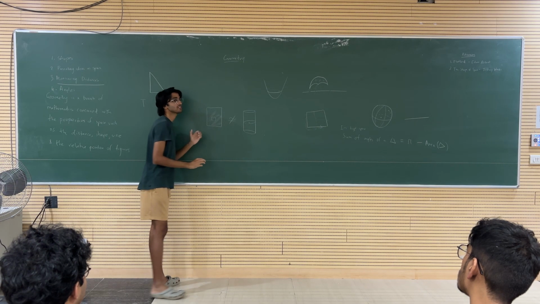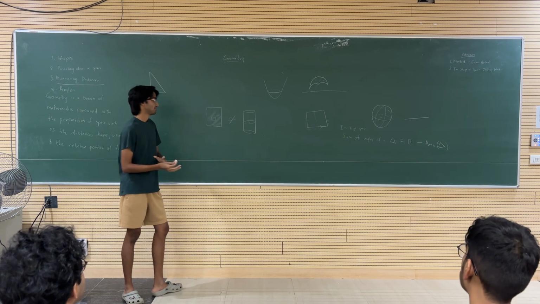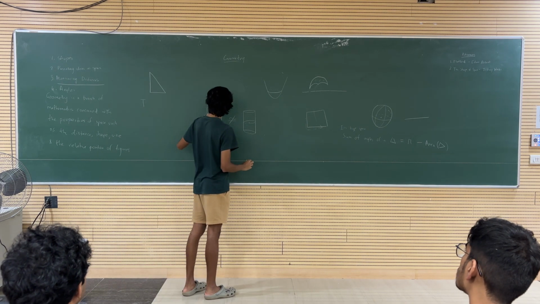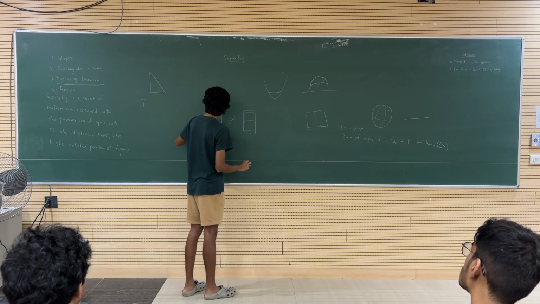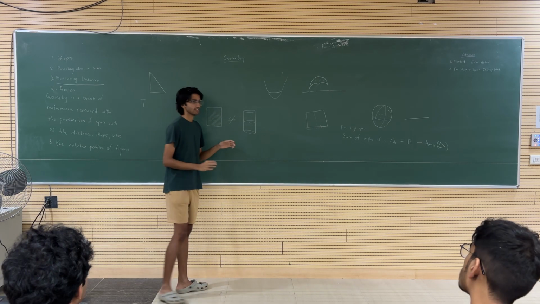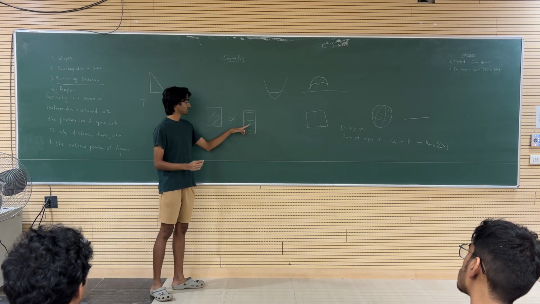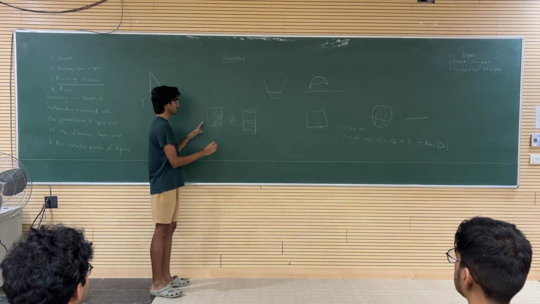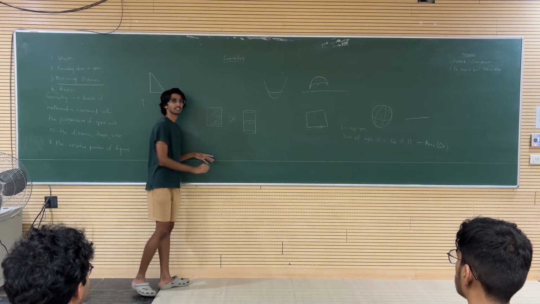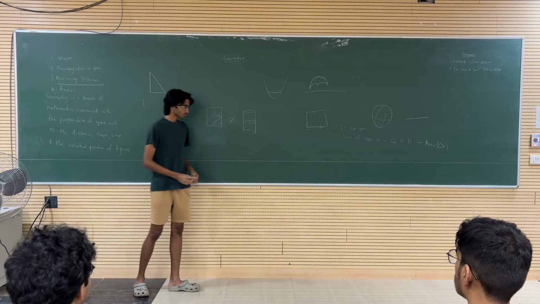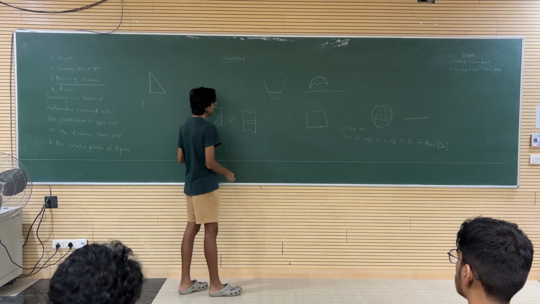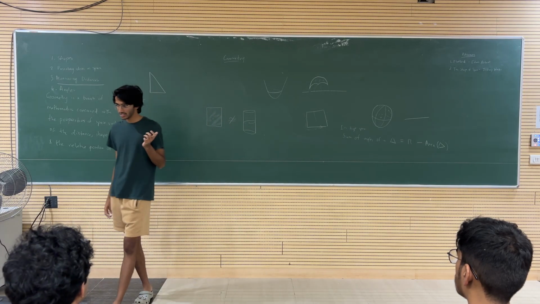So you mean a geodesic? Yeah. So you can have a geodesic here be a loop, but all the geodesics here are necessarily straight lines. And that is a good enough way to distinguish between them.